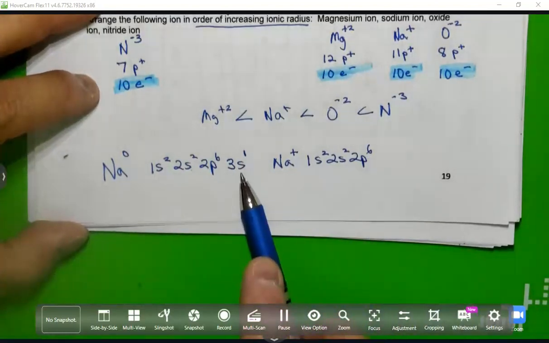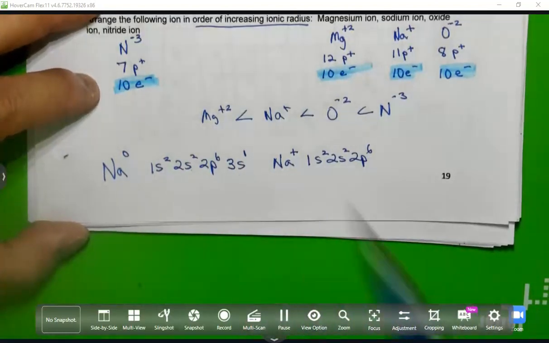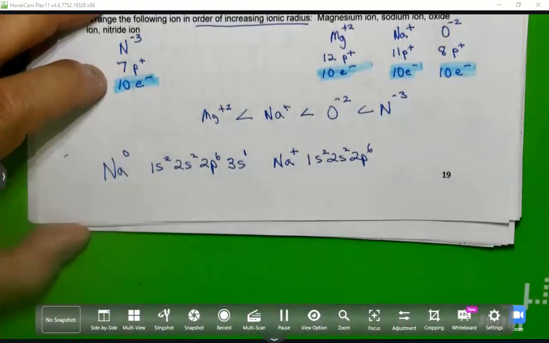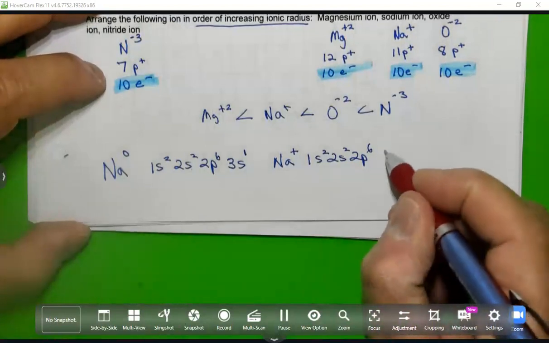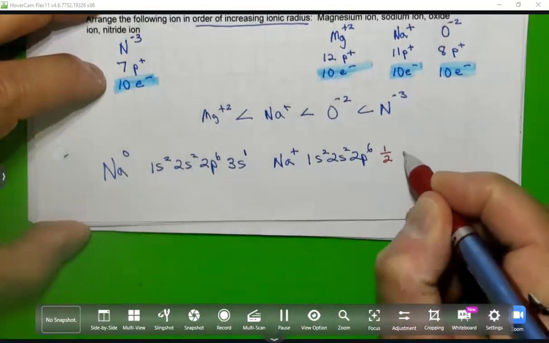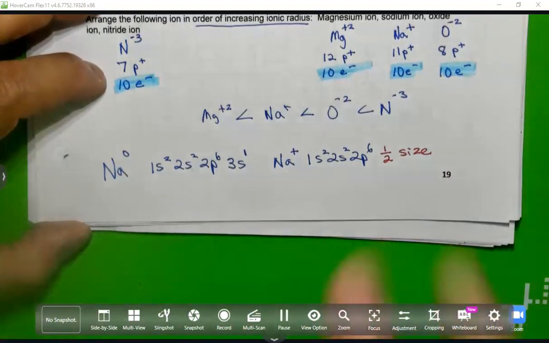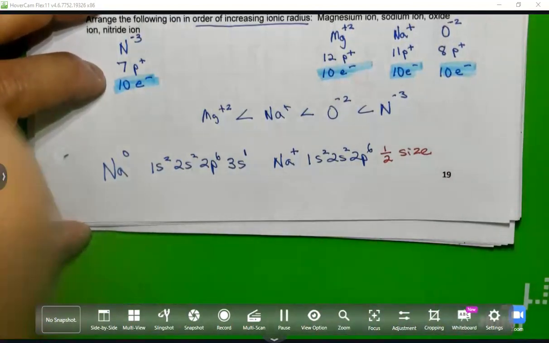I get rid of this one valence electron to form a sodium ion. Generally, this is half the size. Generally. Not locked in stone.